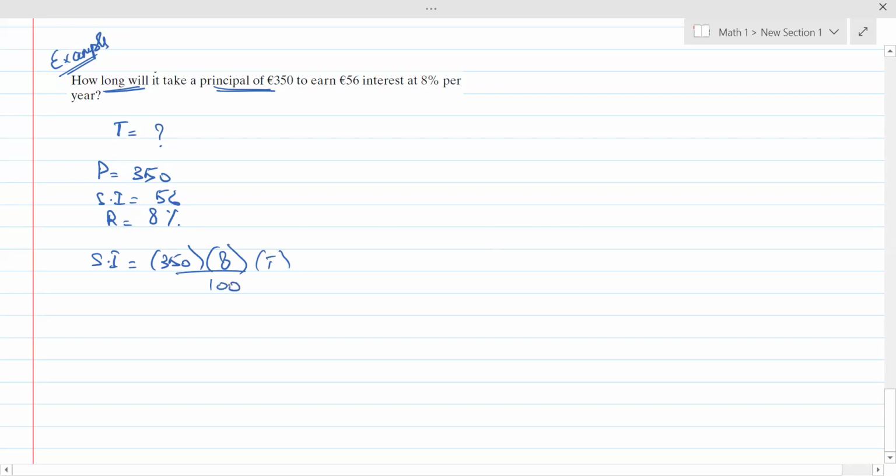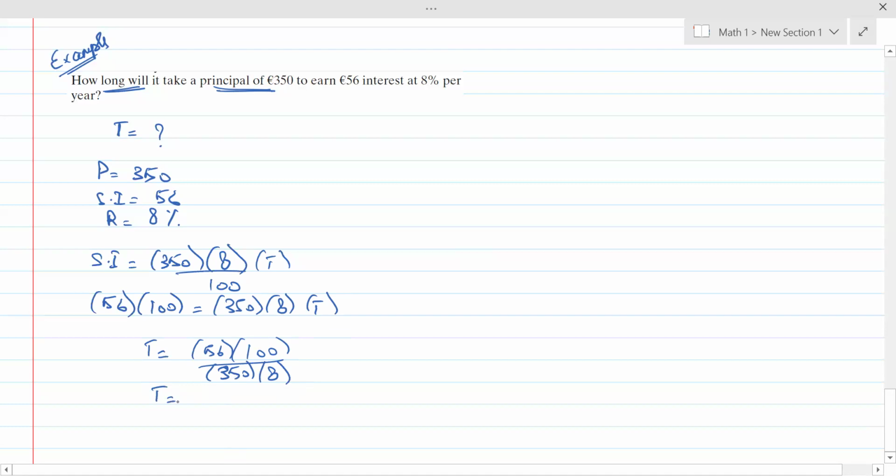Simple interest is given as 56, so 56 into 100 is equal to 350 into 8 into T. So T would be equal to 56 into 100 divided by 350 into 8. That is 2. This is for 2 years.